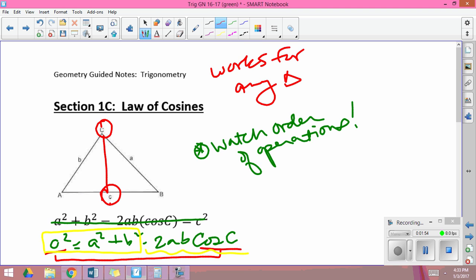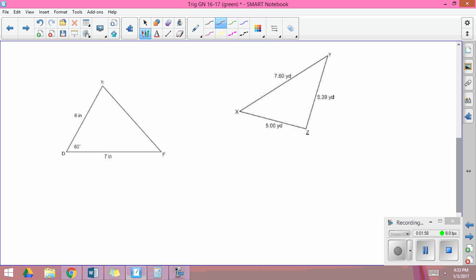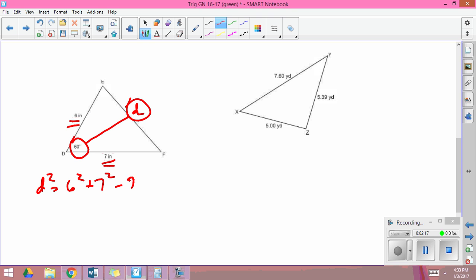So here we go. Side EF. Side EF is little d. So that is this and this. So we are going to start with the side: d squared is equal to the other two sides squared and added, minus 2 times those sides times the cosine of the angle.